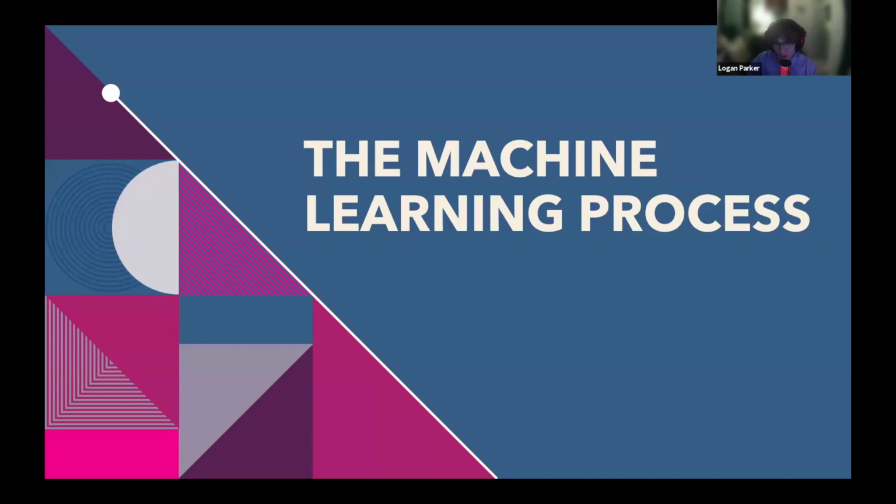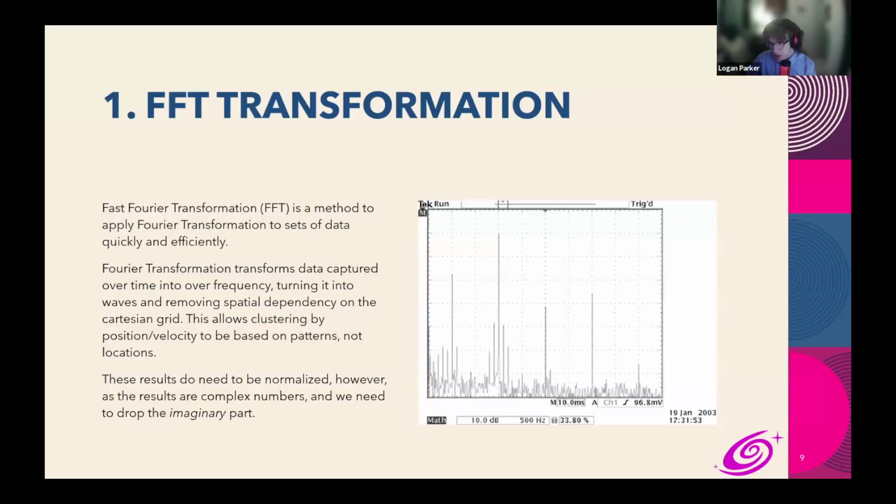Before I go over any of the actual machine learning cases, it's best to talk about the process we're going to apply to all of the simulation cases in the project. The first thing we use is the FFT transformation. It's a fast algorithm to apply the Fourier transformation to all of the particle data, turning it from position over time to position over frequency.